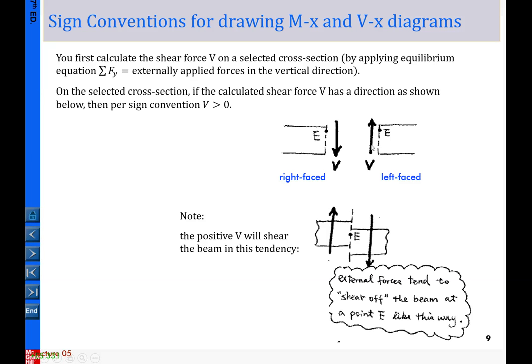For face left, we define the positive shear as pointing upward. There is no reason to explain why, because this is a convention. Convention means people define it, we take it. Okay, so in this portion you simply memorize it, no reason to explain. Just memorize the sign convention.